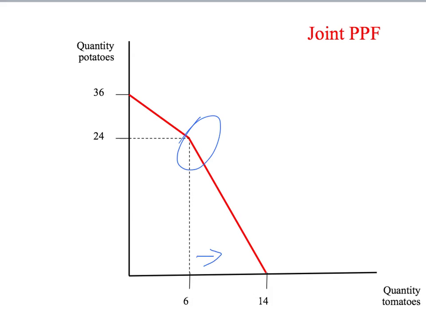So to produce the 7th kilogram of tomatoes, Becky has to spend 6 hours producing that kilogram of tomatoes. And of course that means that Tom and Becky together have to give up 3 kilograms of potatoes. And that's represented by the movement along this second bit of Tom and Becky's production possibilities frontier.